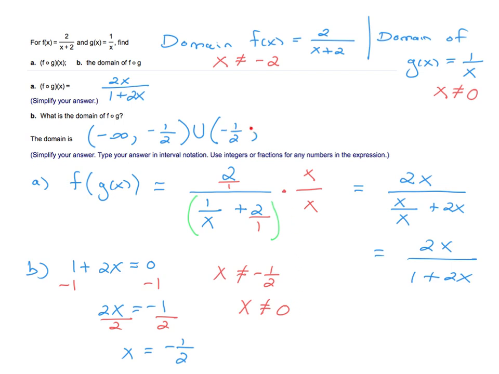So instead of going all the way up to positive infinity, I'm going to put the value 0 here. And again, I'll use an open parenthesis. I'll put a union and say, okay, now I'll pick up at 0 and go to positive infinity. So it's quite a complicated answer to express it this way, but all this is trying to convey is that you can use any number that you'd like in this composition except for two values, -1/2 and 0. Writing it this way is saying you're skipping over -1/2 and you're skipping over 0.